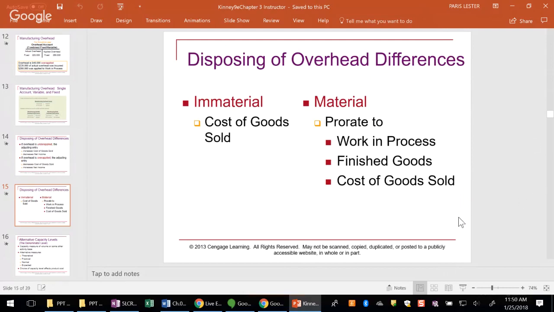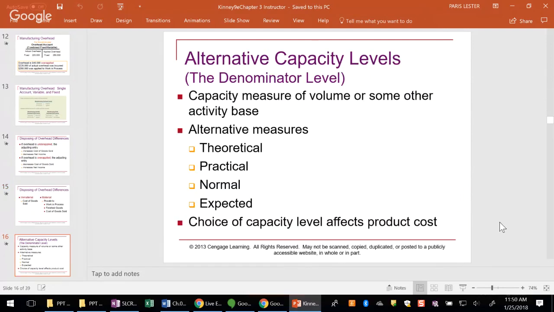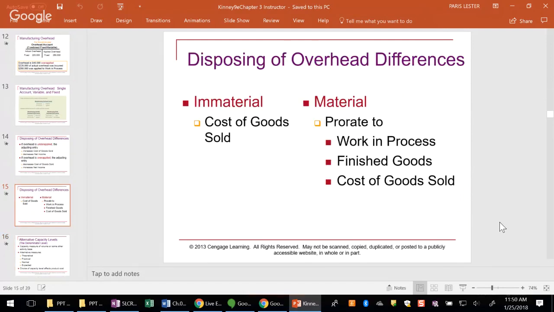But if it's material, we prorate it with work in process, cost of goods sold, and finished goods. We prorate it, we do a fraction. What is prorate? All right, let's say work in process was, for simplicity, 200. Finished goods was 100, and cost of goods sold was, say, 500.